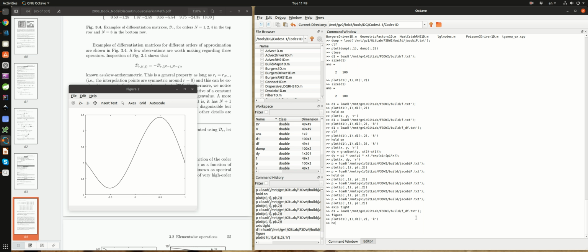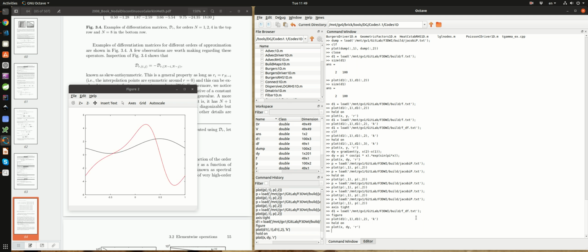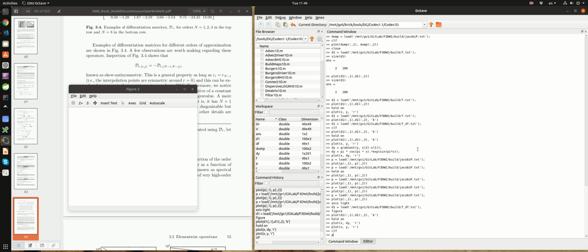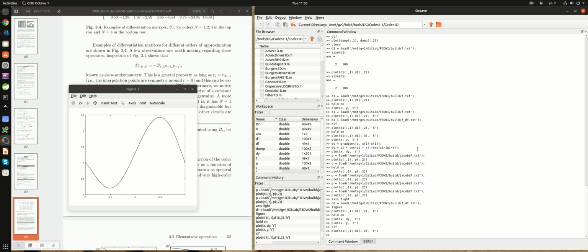Okay, so that's my interpolated function using Lagrange interpolation, and the values of the function at the GLL points.